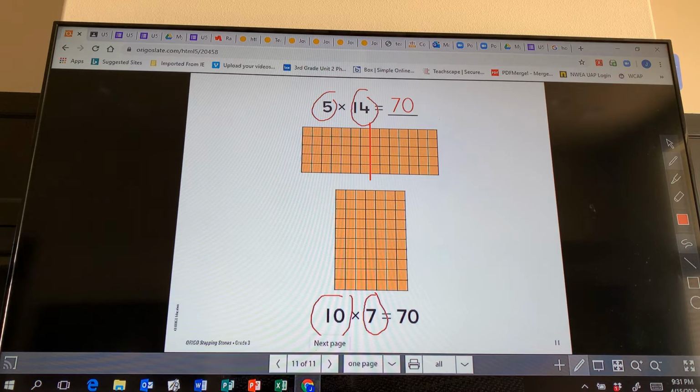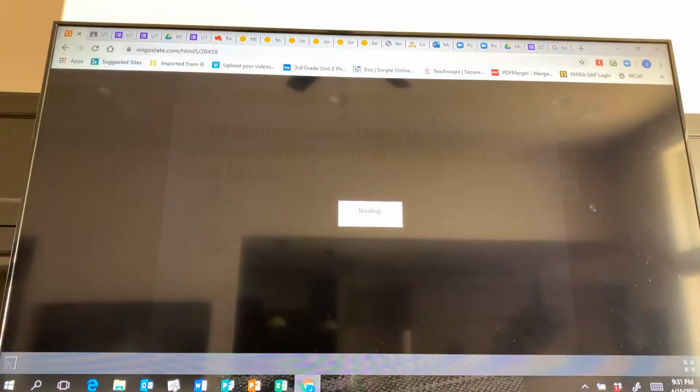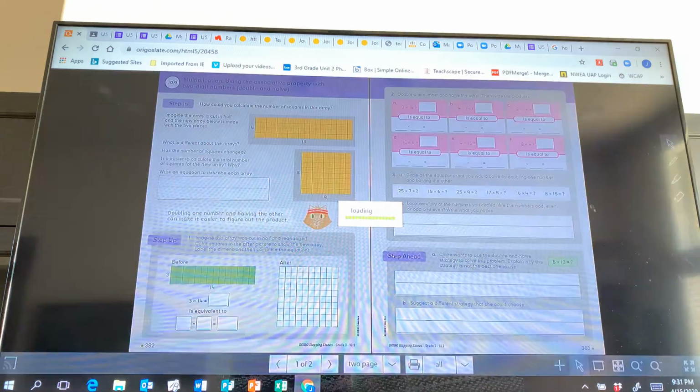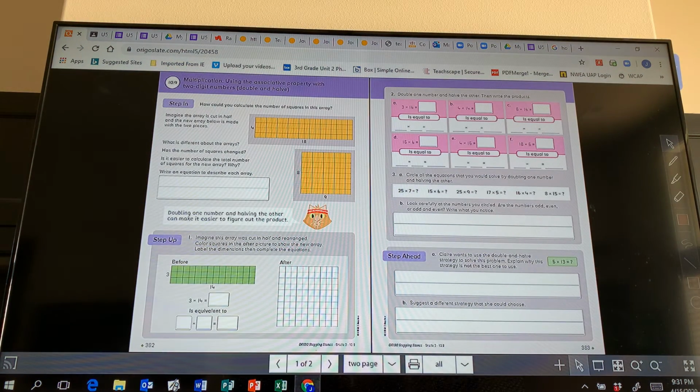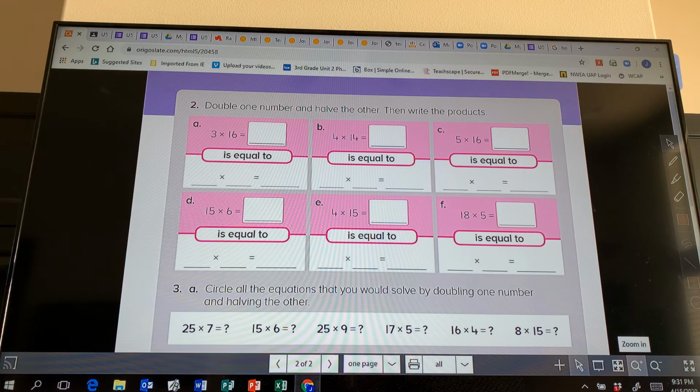Now let's go into an example from our lesson, all right? So if we look at the second page of our lesson, and that in your books is page 383. I'm going to go to a single page view here, and let me just increase this. So let's take, for example, this here, right?